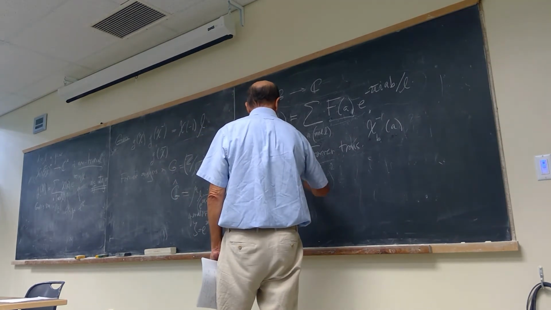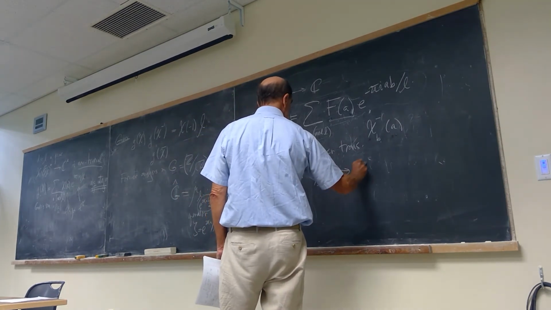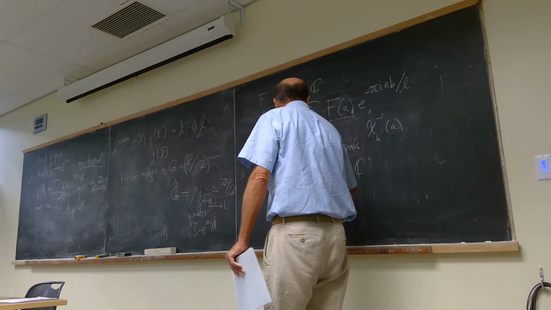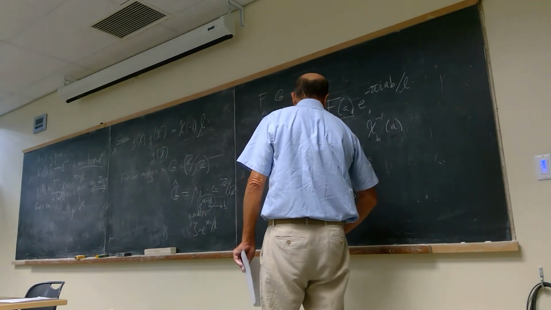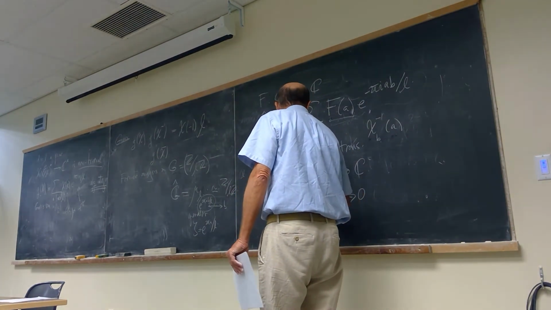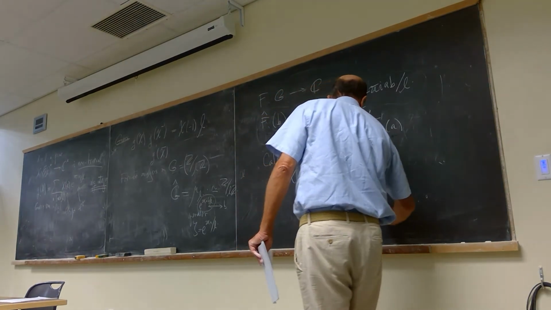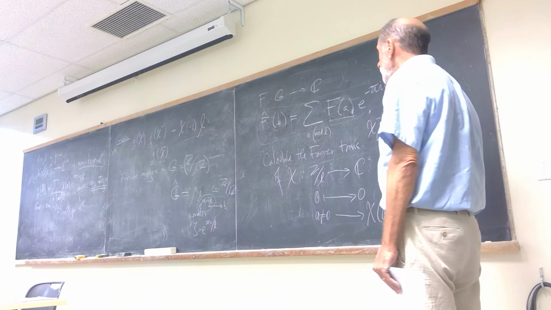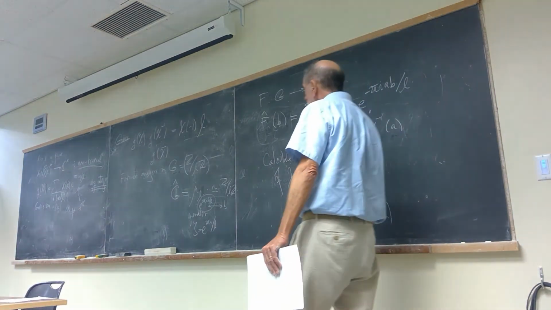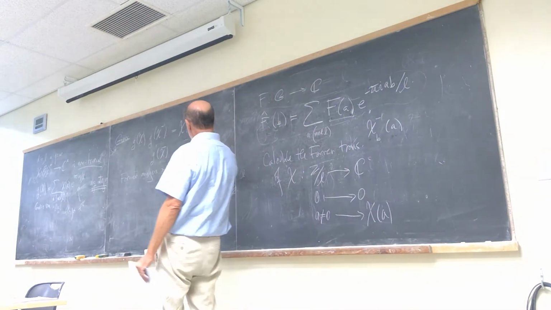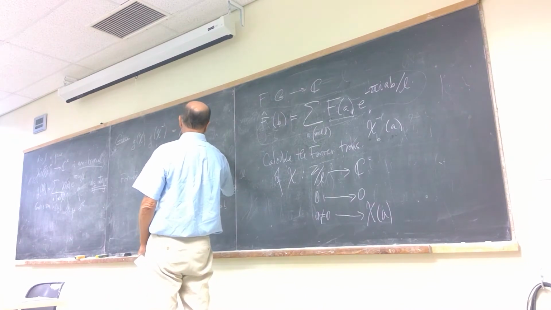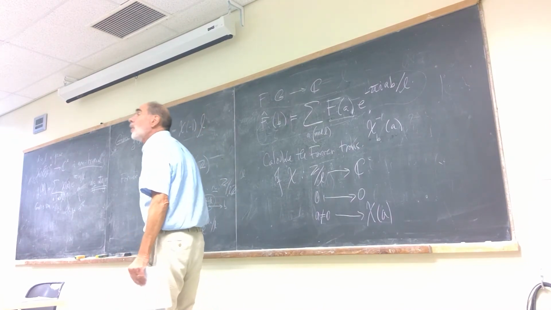Chi is a function from Z mod L to the complex numbers. It takes 0 to 0, and it takes other things, A not equal to 0, to chi of A, which is multiplicative.